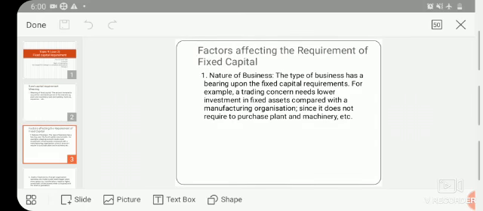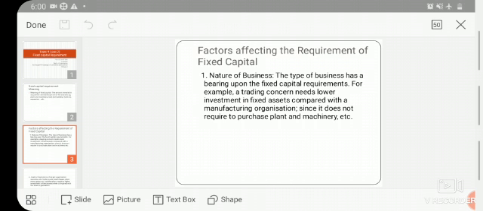Next, coming to the factors affecting the requirement of fixed capital. First one, nature of business. The nature of business determines the amount of fixed capital requirement to a great extent. For example, a trading concern needs lower investment on fixed assets compared to a manufacturing organization.